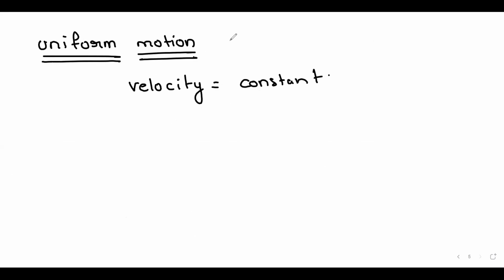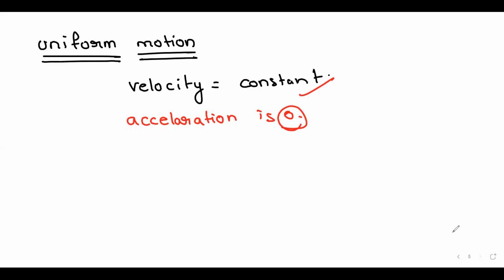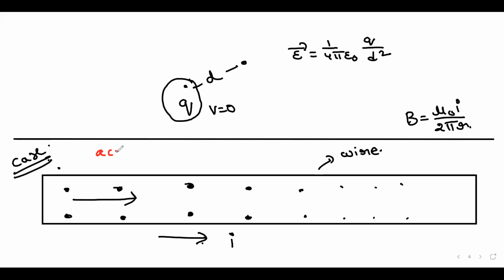If velocity is constant, acceleration is 0, right? So in this wire, charges are in uniform motion, that means velocity is constant. So the acceleration of charge in this case is 0. We have steady current and the acceleration of the charges is 0, right?